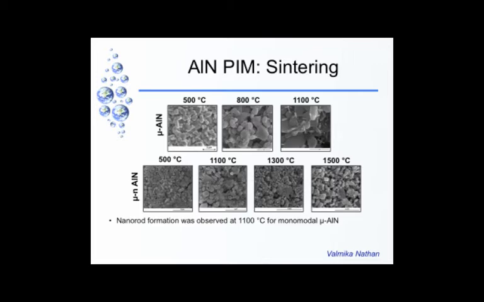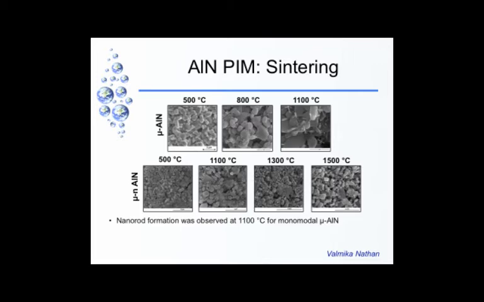Main thing was this nanorod that we could see in the microscale, we could not see in the micro-nano mixtures. And it is possible that the capillary effects end up holding the liquid very tightly and limit some of the reprecipitation.